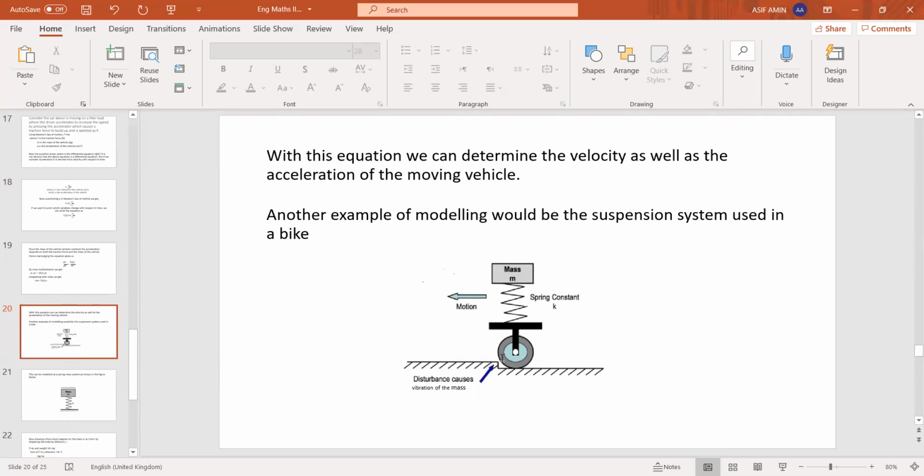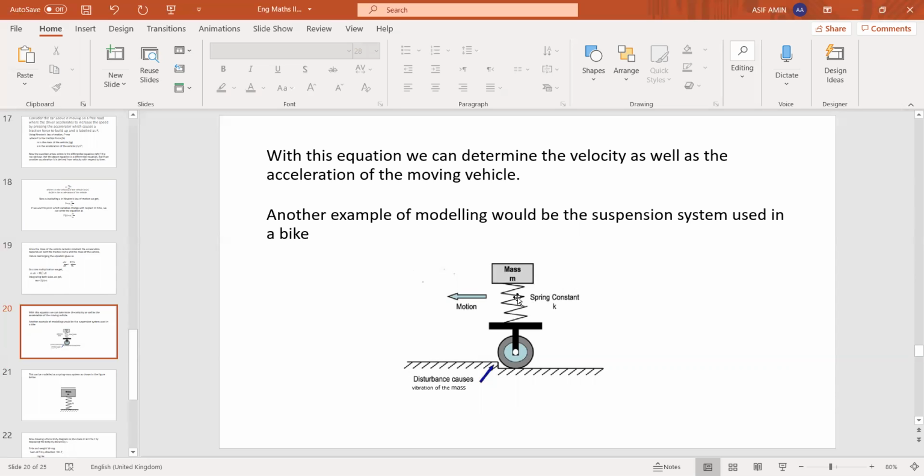Moving on to the next example, we have a suspension system in a bike. As you can see in the diagram, here the mass m is the mass of the bike, and k is the spring constant, and the bike is moving.